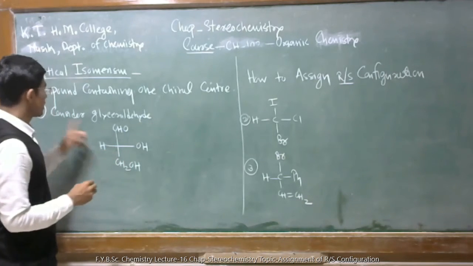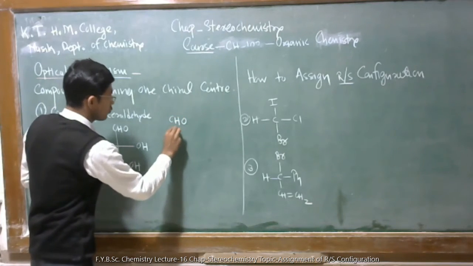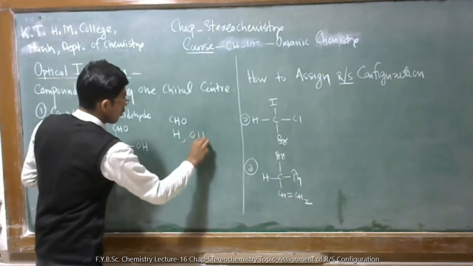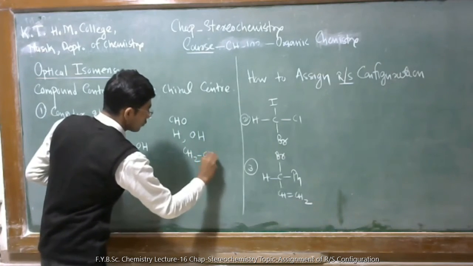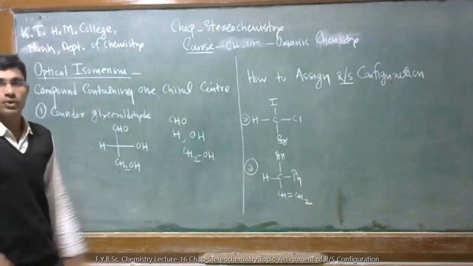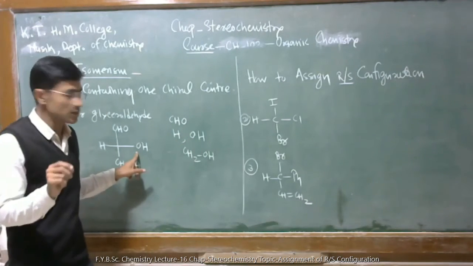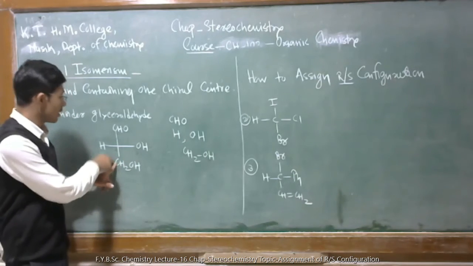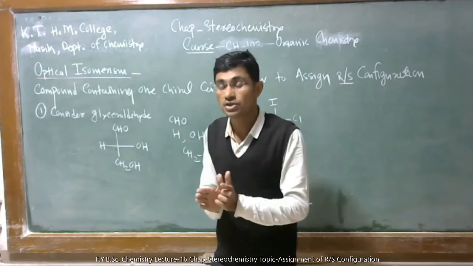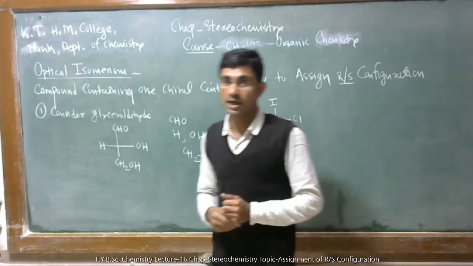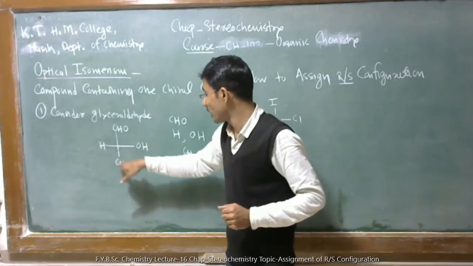So this chiral carbon is attached to the group CHO, also attached to H, also attached to hydroxyl, also attached to CH2OH. So this chiral carbon is attached directly to oxygen, carbon, carbon, and hydrogen.